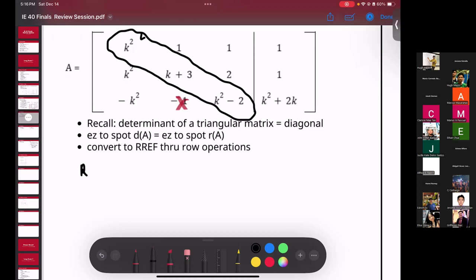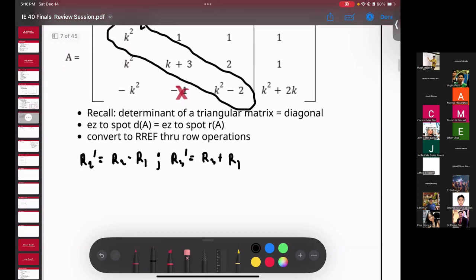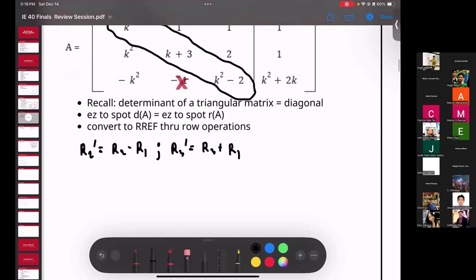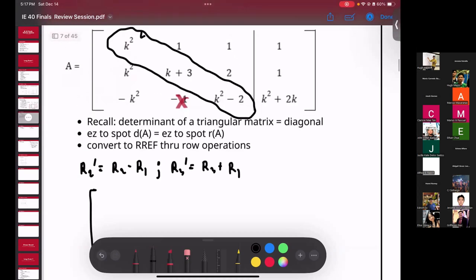The way I'll do that is I'll set row 2 prime to be equal to row 2 minus row 1. And so that we're efficient, we can also change the third row. So R3 prime is equal to R3 plus R1. This will effectively remove both of those. So let's see what happens. So that's k squared. Just copy the first row.